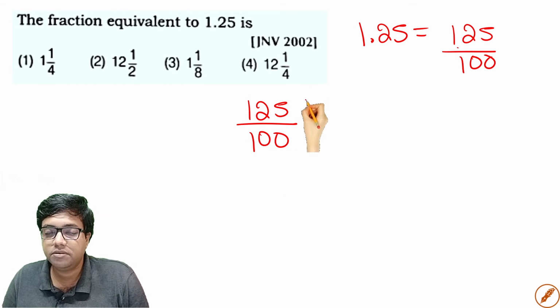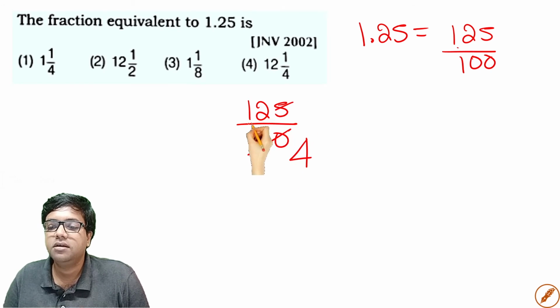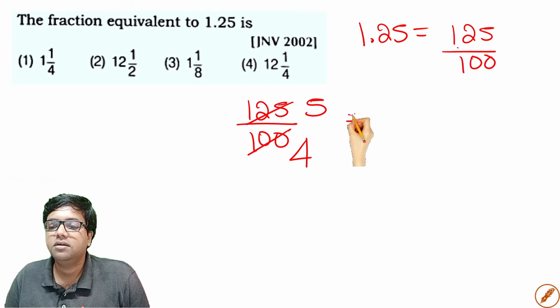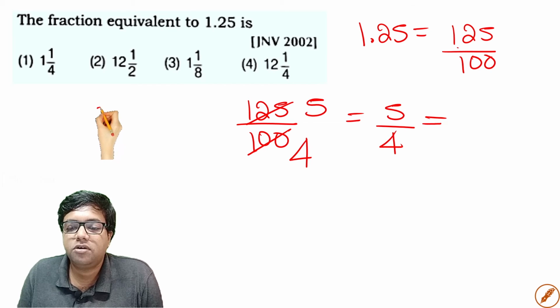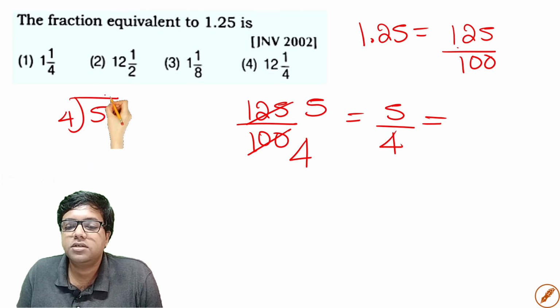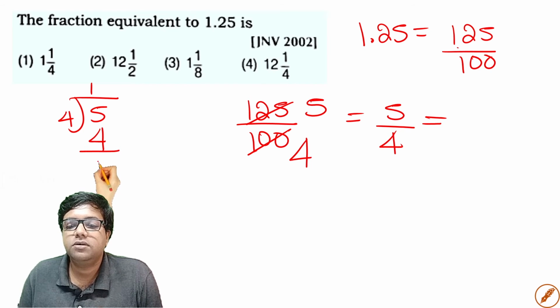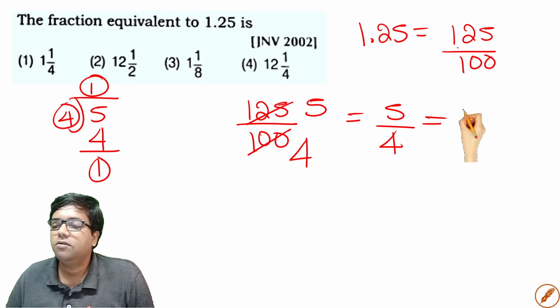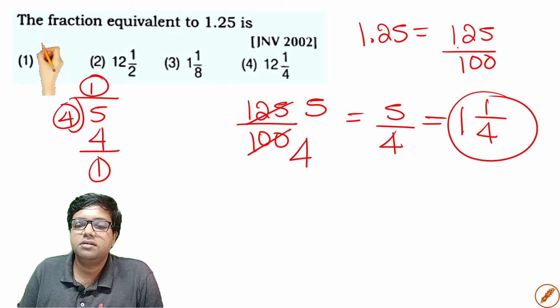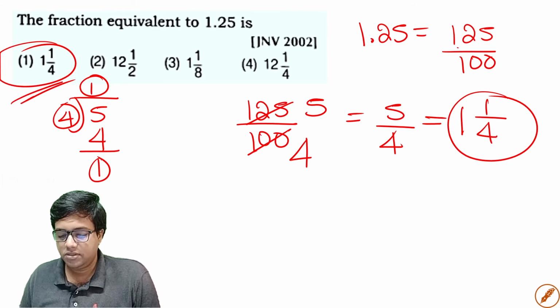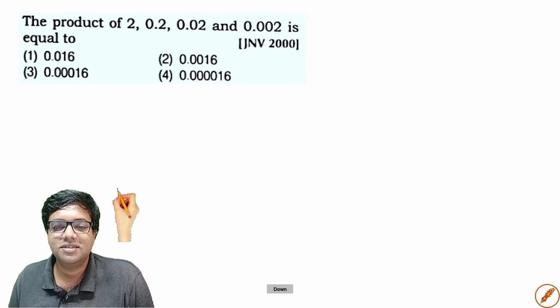Let's do it by the table of 25. 25 4s are 100, 25 5s are 125, so you get 5 by 4. If you do it in the mixed fraction form, 5 by 4, 4 1s are 4, you get remainder 1. So 1 and 1 by 4. This is the right answer, which is available in option number 1. So therefore option 1 is the right answer.